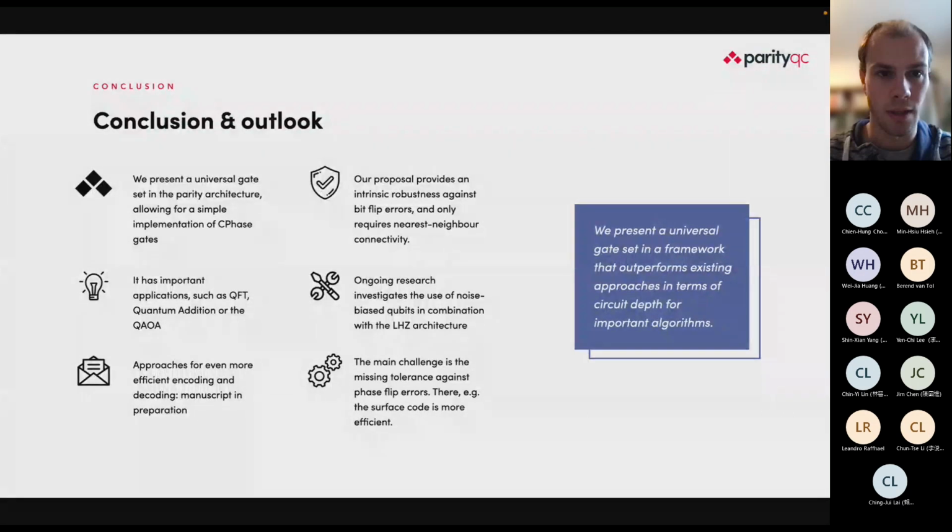We are also investigating the use of noise biased qubits, which may be interesting because we can only correct for one type of error, and noise biased qubits may be more resistant against the other errors. And the main challenge at the moment is the missing tolerance against phase flip errors.